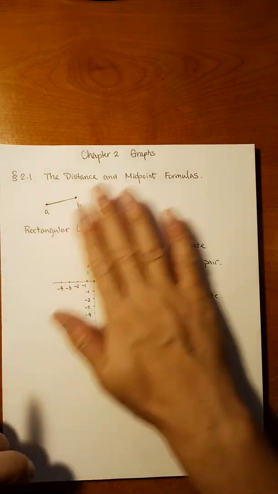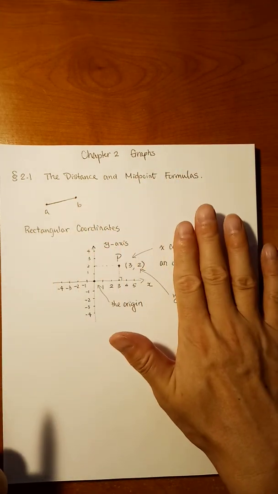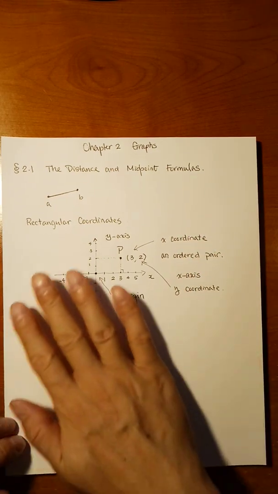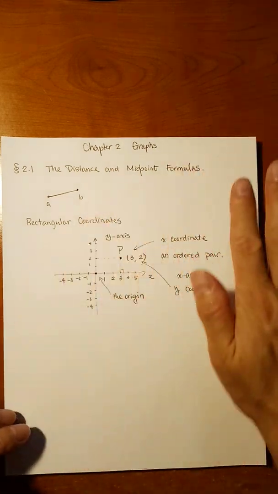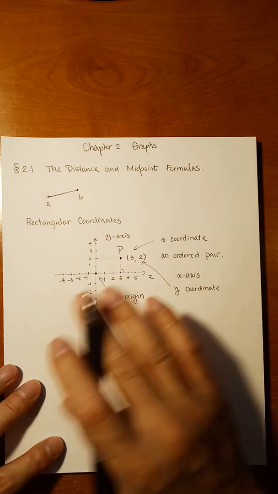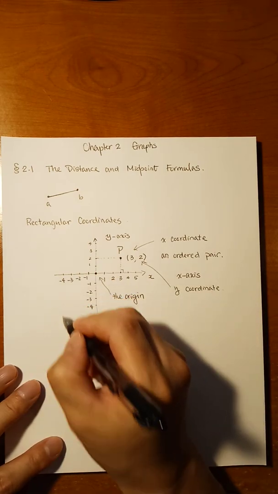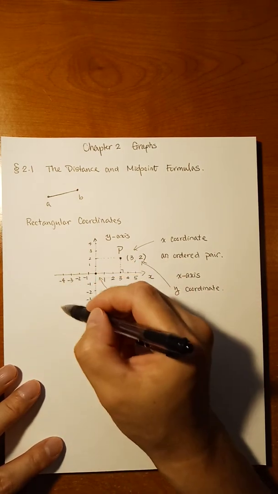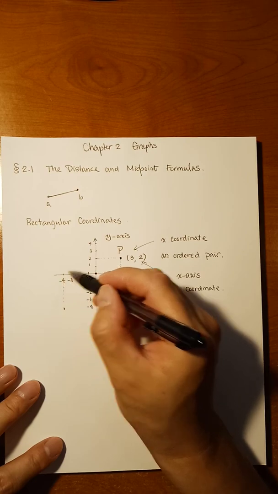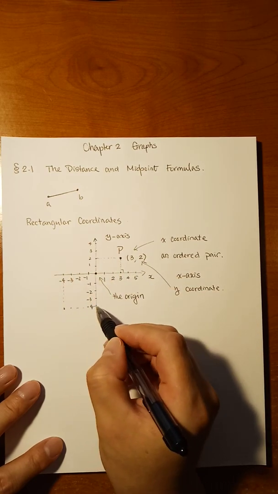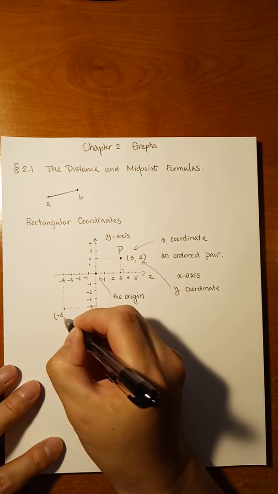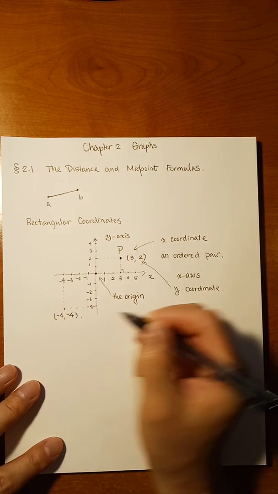Because this plane, like let's consider this white piece of paper, whenever you have a point, you can always project it to the x-axis, and then project to the y-axis, and you get an ordered pair.